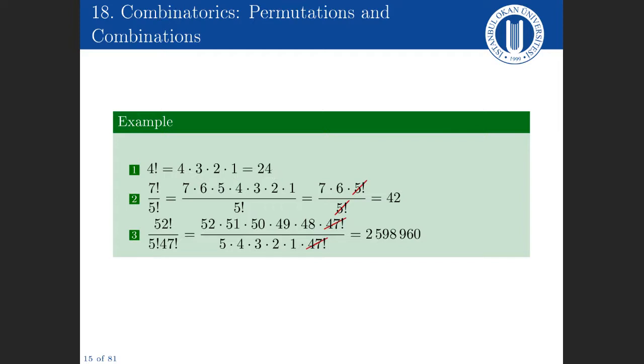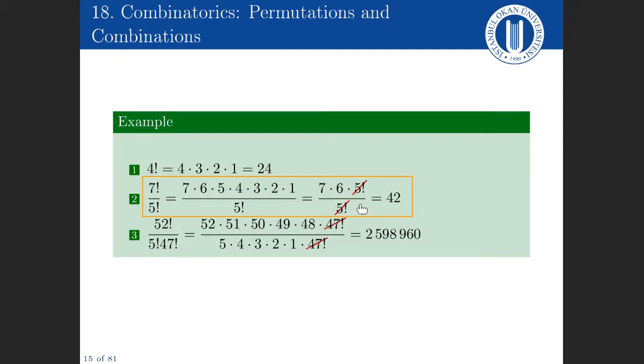We're going to be doing things like number factorial divided by number factorial. For example, 7 factorial divided by 5 factorial means 7 multiplied by 6 multiplied by 5 multiplied by 4 multiplied by 3 multiplied by 2 multiplied by 1 divided by 5 factorial.